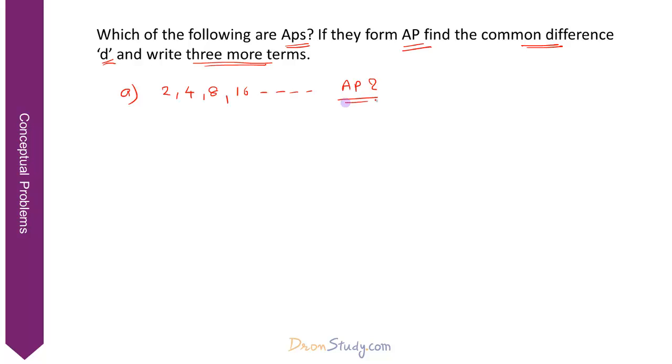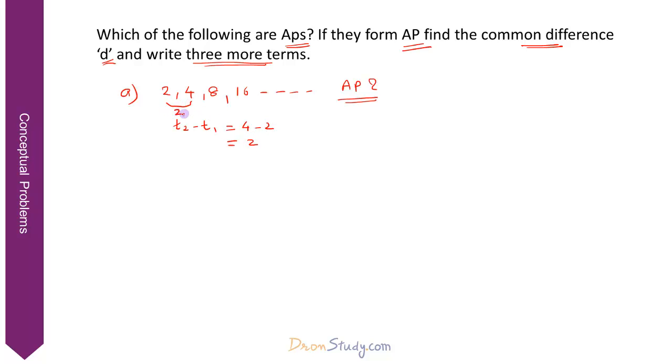We know that if the difference between each successive number is common, or the same, then we call it an arithmetic progression. So first, T2 minus T1 will be equal to 4 minus 2, which is equal to 2. Here the difference is 2.